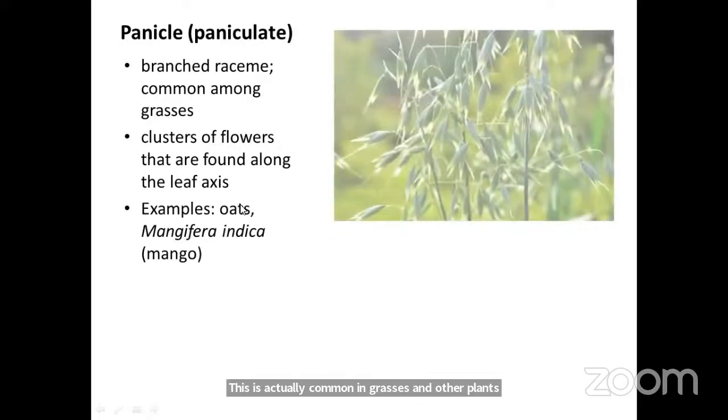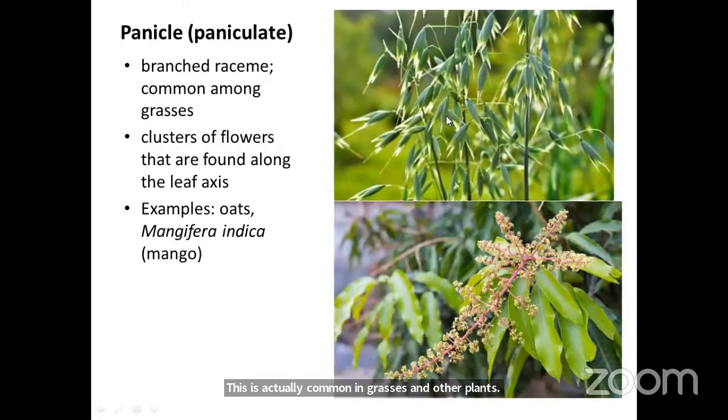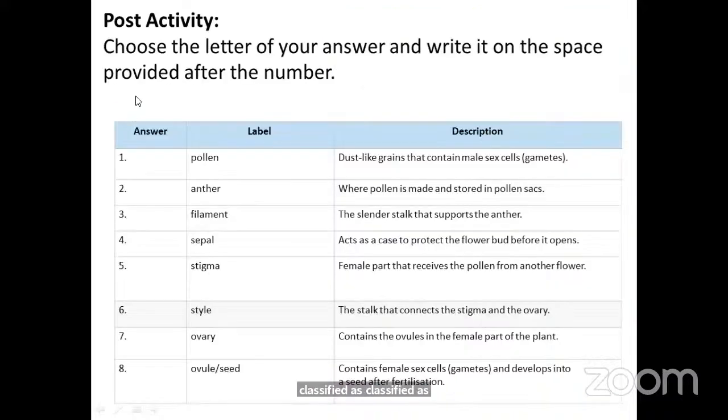Here are examples. In oats, we classify the clusters of flowers, or the arrangement of the flowers along the axis, as panicles. Also in mangoes, Mangifera indica, the arrangement of the flowers is classified as a panicle.